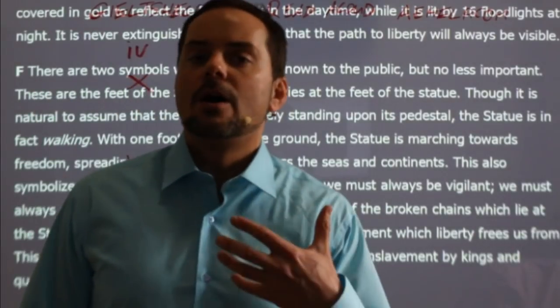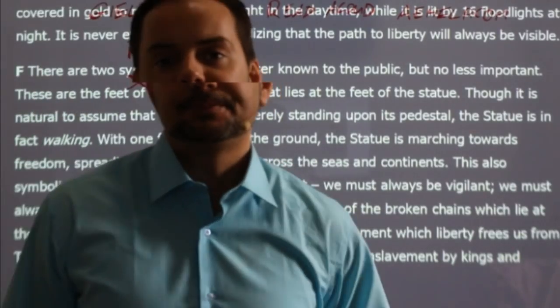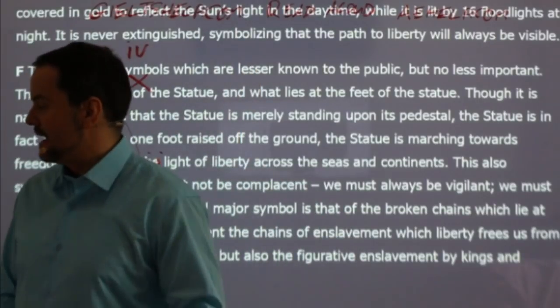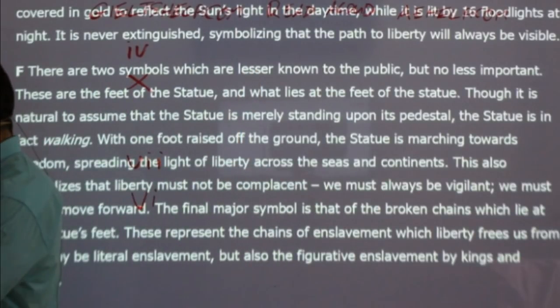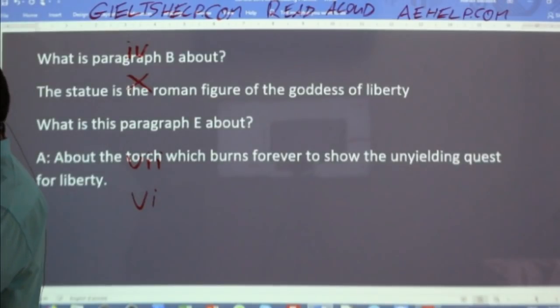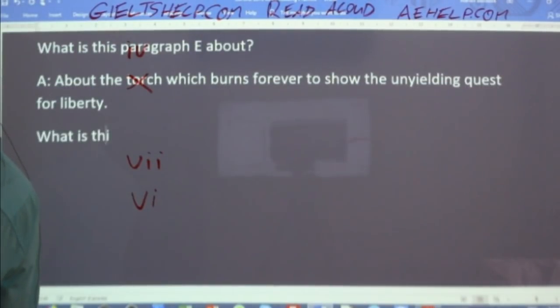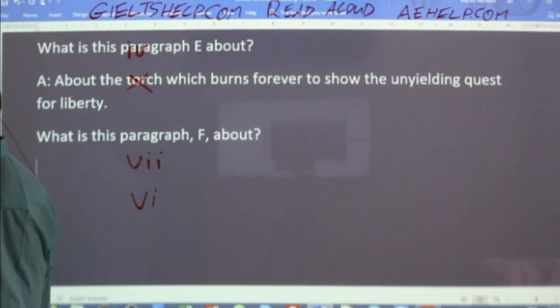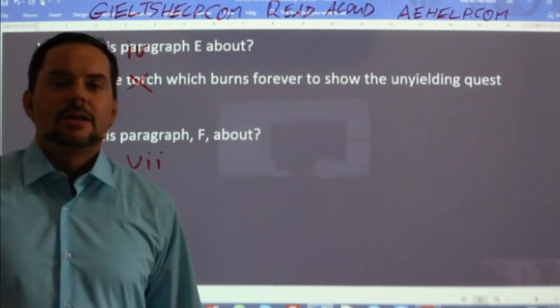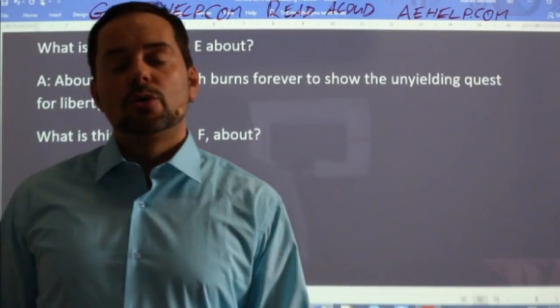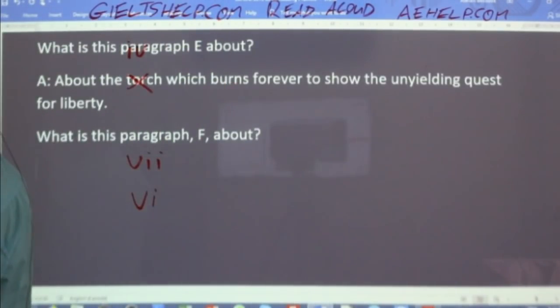Okay, what is this paragraph about? That's the question. It is about two lesser known symbols, the feet of the statue, which represent what?